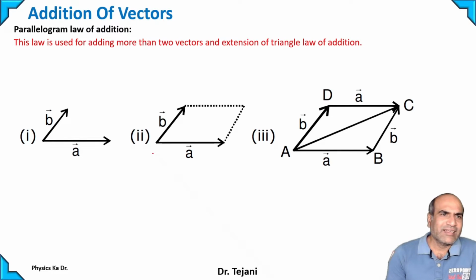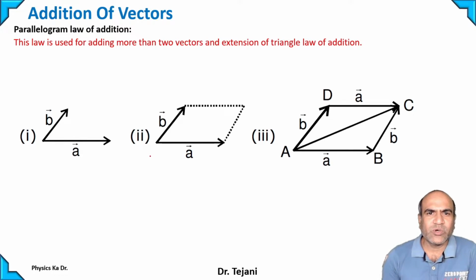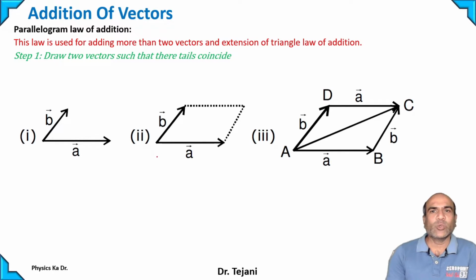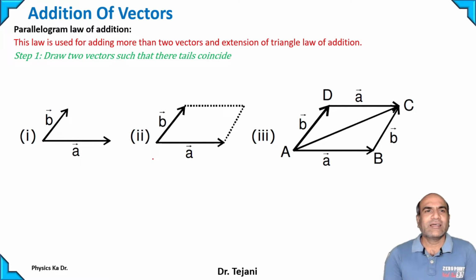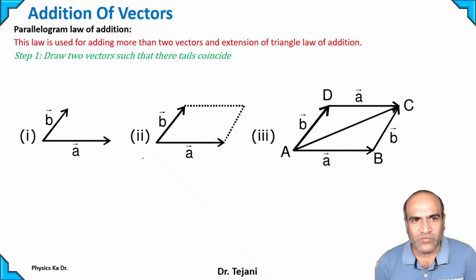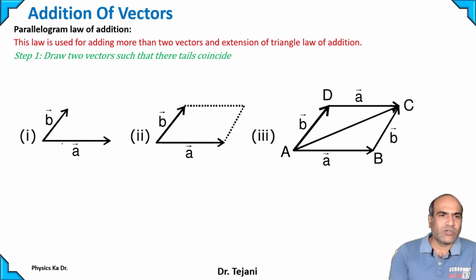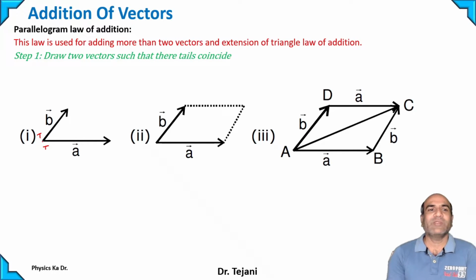You understand that. So this law is used for adding two vectors, and it is also an extension of triangle law. So what is the step? First, draw A and B in such a way that tail should meet with tail. There is some difference, right? Tail should connect with the tail, and then draw a parallelogram. So this line is parallel to B bar, this line is parallel to A bar, and that gives us a parallelogram.